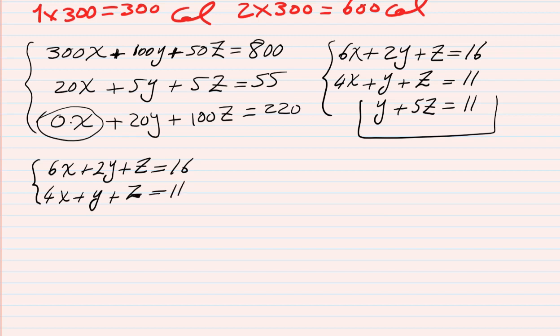Okay. Now, in order to get rid of the x here, we need opposites. So now we find the LCM, the least common multiple of 4 and 6, which is 12. So we're going to build those two numbers to 12.